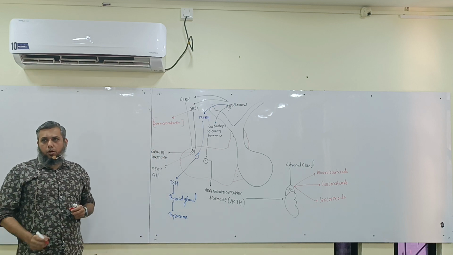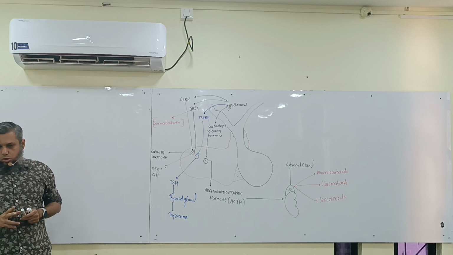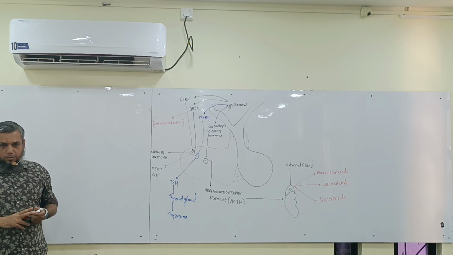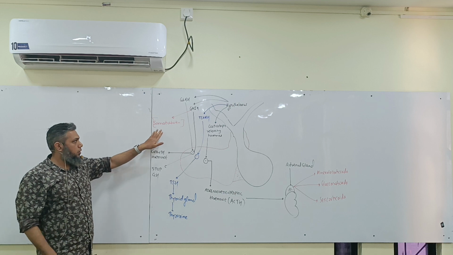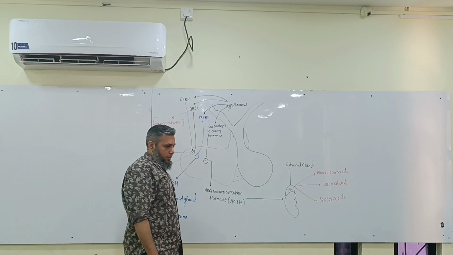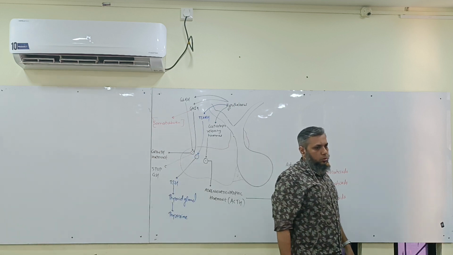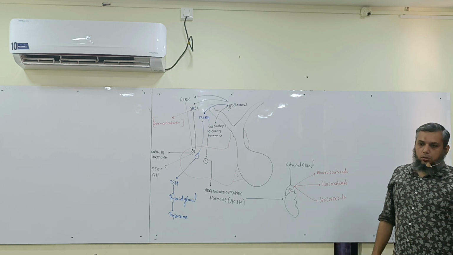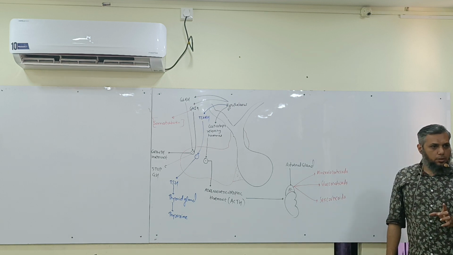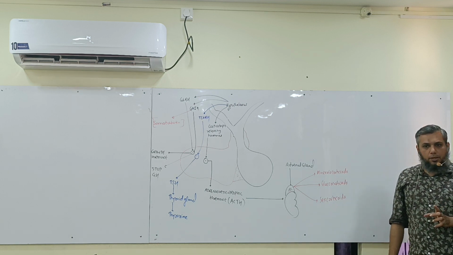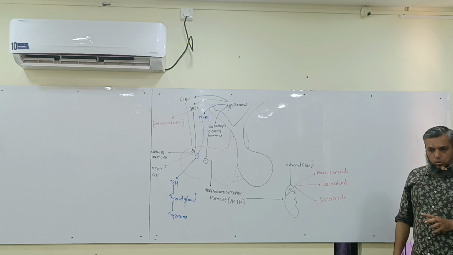Growth hormone inhibitory hormone is also known by another name. What is the other name for it? Somatostatin. क्या कहते हैं उसको? Somatostatin. Did you understand this clearly, everyone? Give yes or no? Yes.